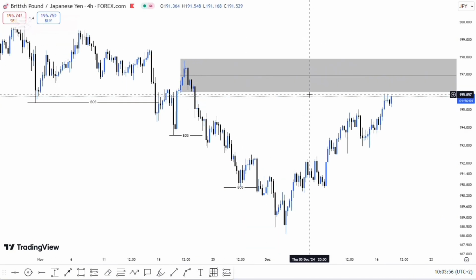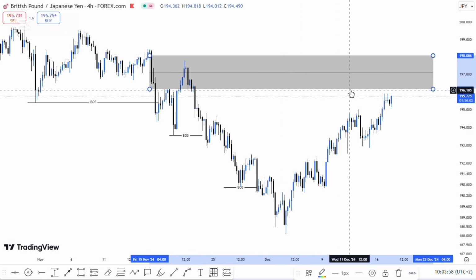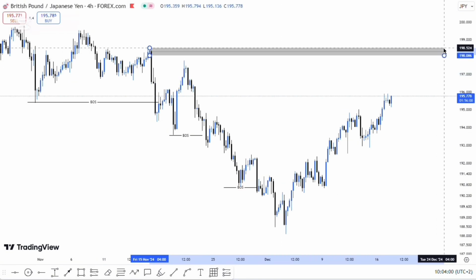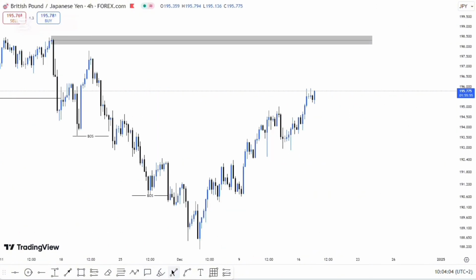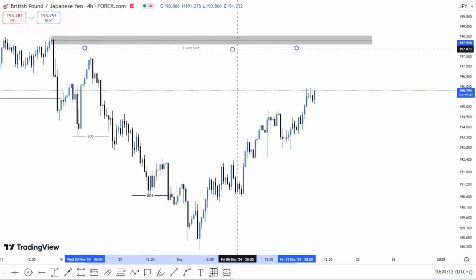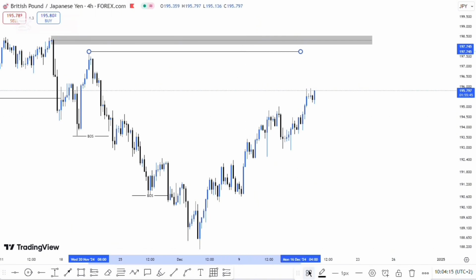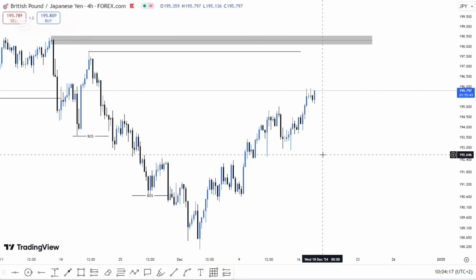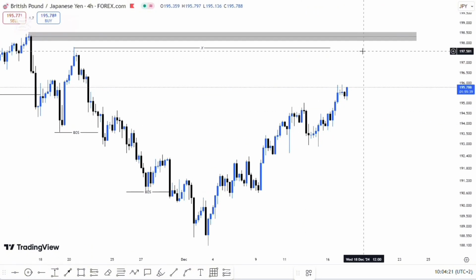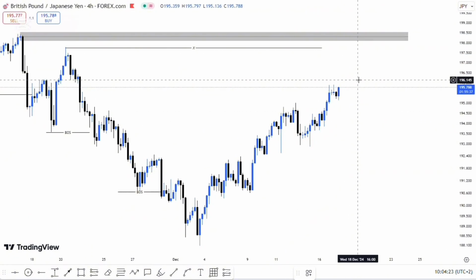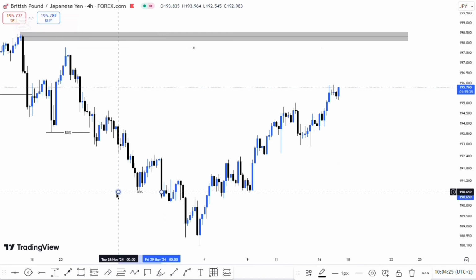From the 4 hour time frame, you can see that we have an unmitigated order block right here, and we also have an inducement from the higher time frame, so price could potentially come react off this order block.